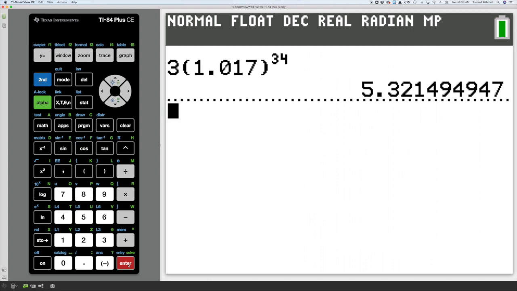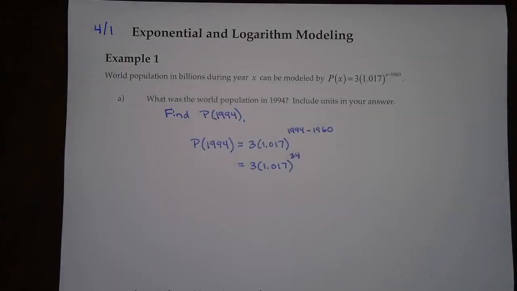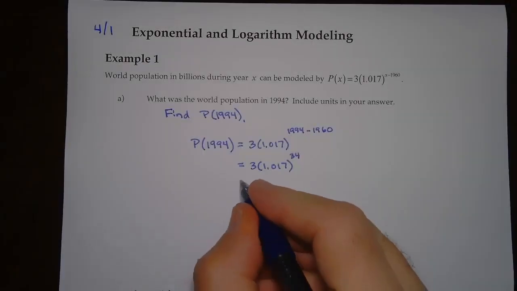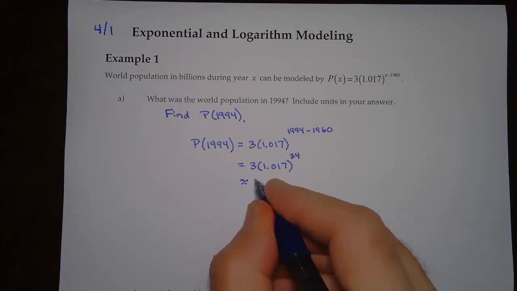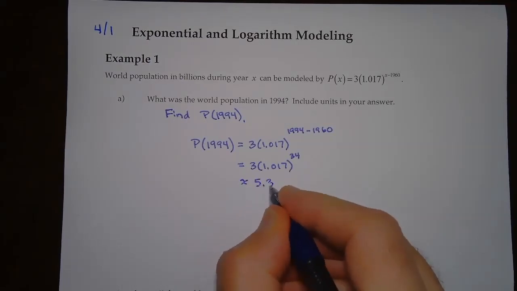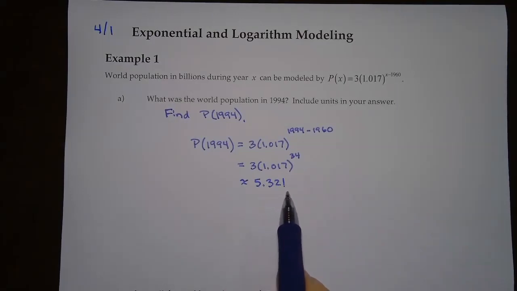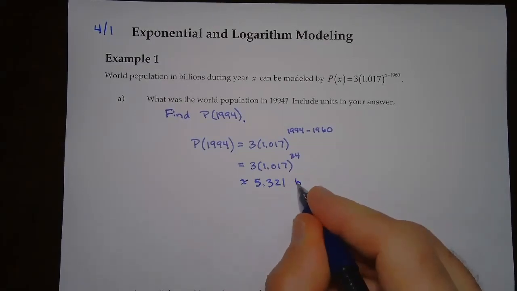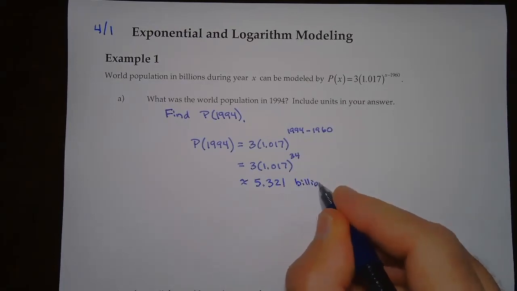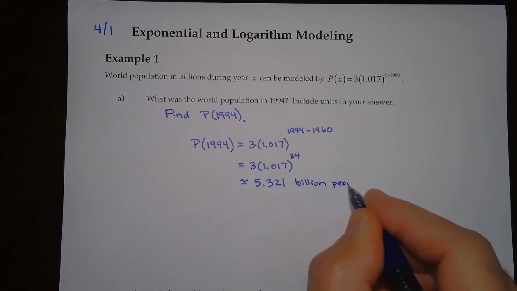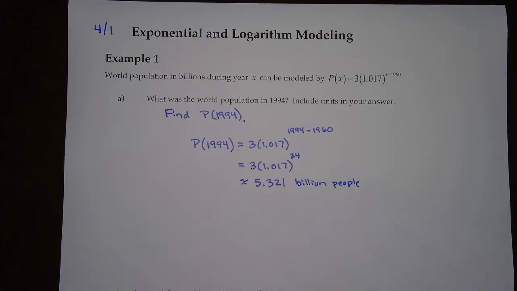Okay, and we'll go back and we'll put that on our paper. All right, so on our paper, we're going to put this is approximately 5.321. Okay, so what that means is 5.321 billion people. So I want you to write a sentence with this, okay?